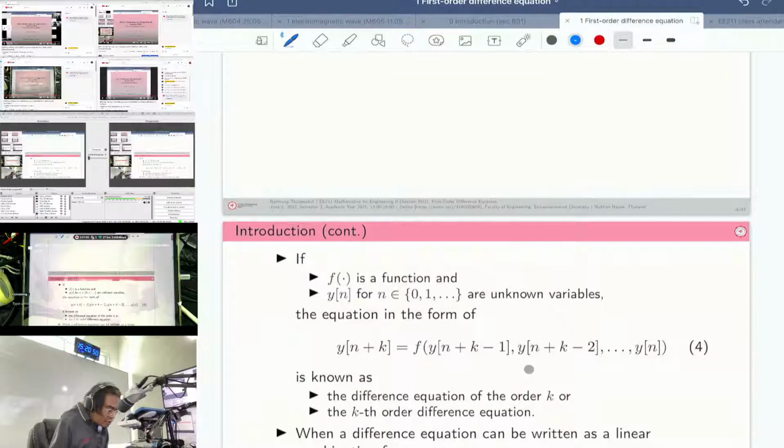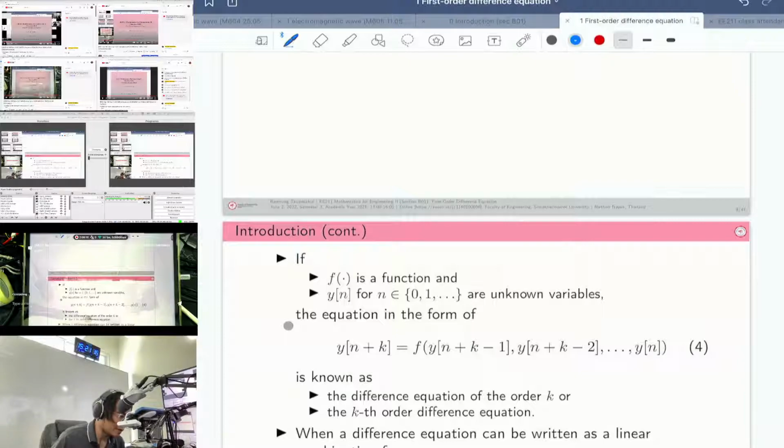The introduction is quite long in this chapter. If f is a function and yn is in the set of 0, 1, 2, 3, 4, 5, these are the unknown variables.